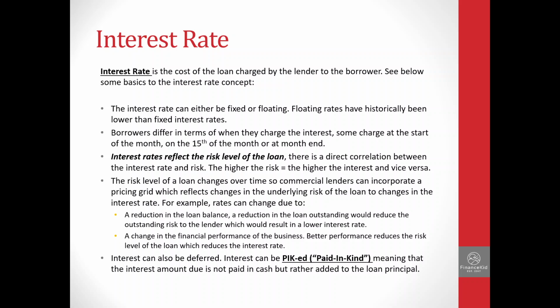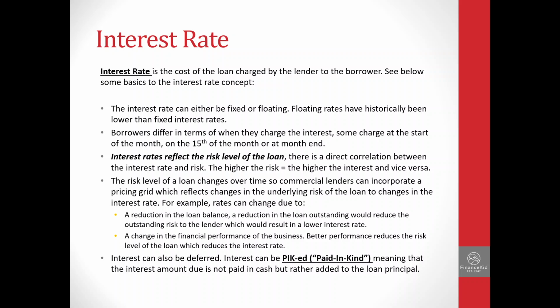So what some lenders will do is that interest rates are not fixed on a loan. They change and decline or increase over time depending on the risk level of that borrower. So certain ways to do that is as the loan balance declines. So when you pay down 20%, 30%, or 40%, the interest rate drops by 0.5% or 0.25%. And then the opposite could happen. Maybe there is a change in the financial performance of the business.